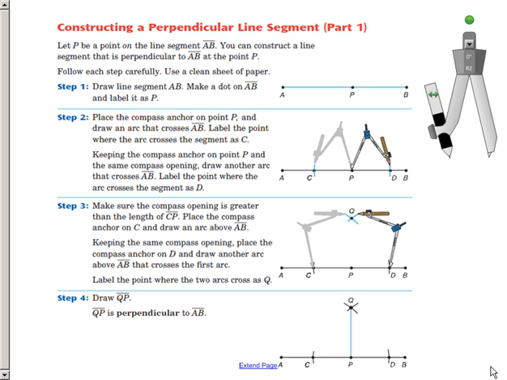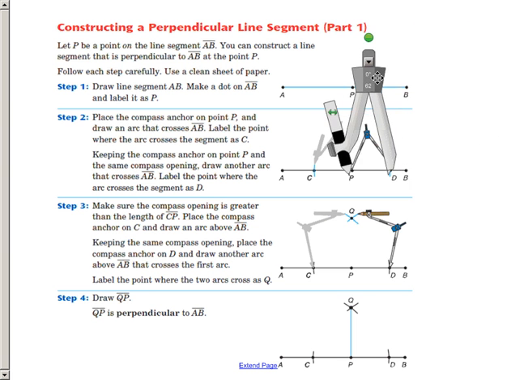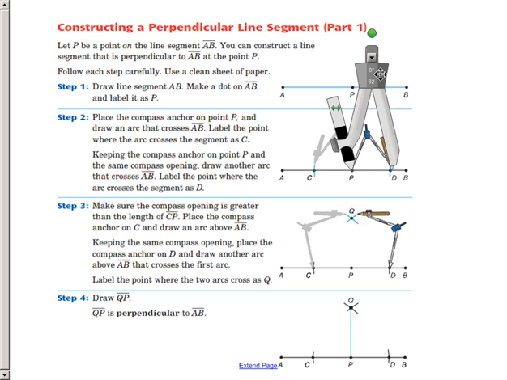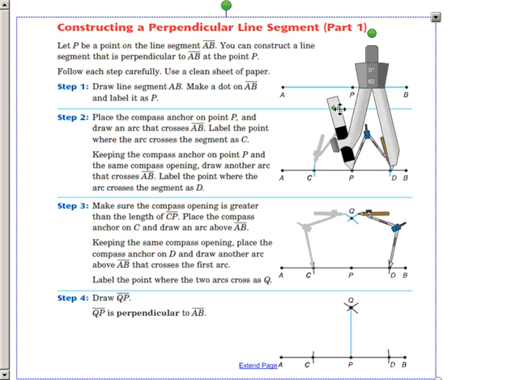And I can also use this to divide my line segment with two perpendicular bisectors, so I end up having four parts. So again, you're just going to follow the directions, draw your line segment AB, and this time you'll label a point P somewhere on that segment. Okay, you'll get your compass anchor, and it's going to go on point P. Okay, I'm going to flip it here.